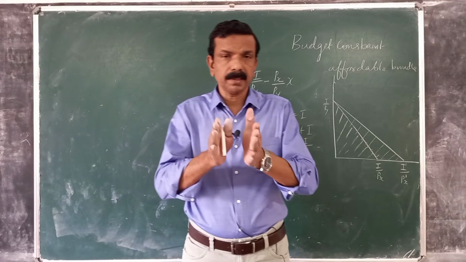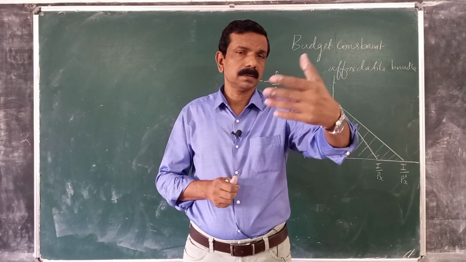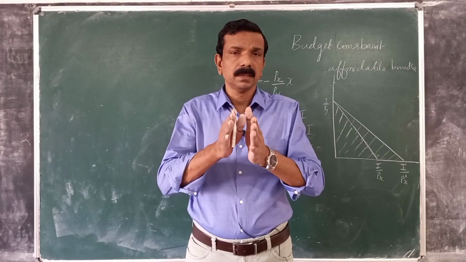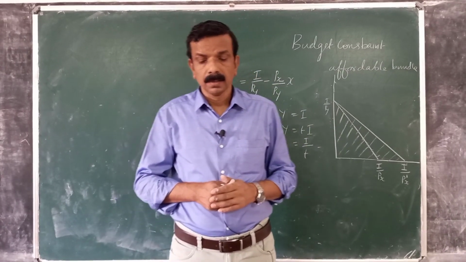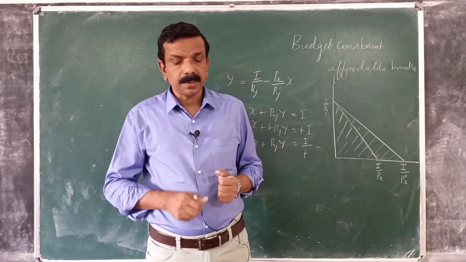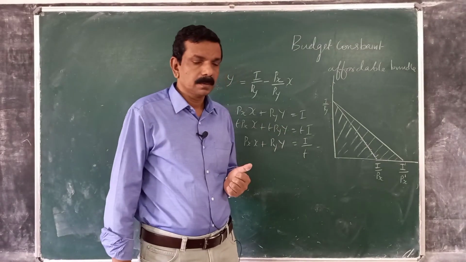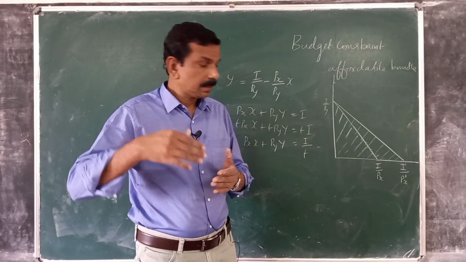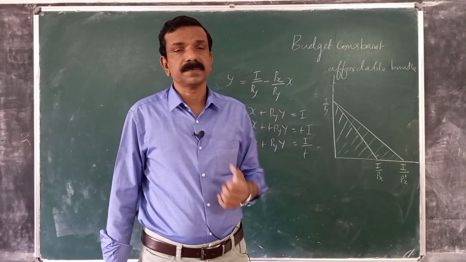That is, multiplying both the prices with a constant t, any number, is equivalent to dividing the income by the same constant t. So if we multiply both the prices with t and multiply income also with t, the budget line will not shift.